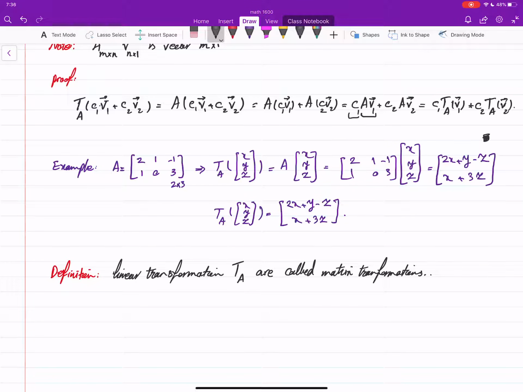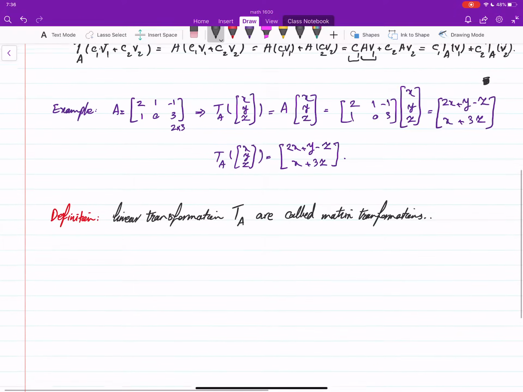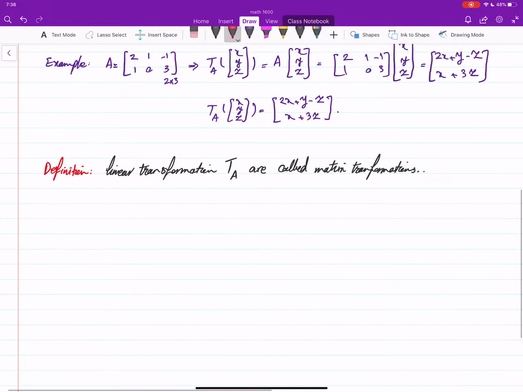What is interesting is that every linear transformation is a matrix transformation. Let me write this as a theorem.